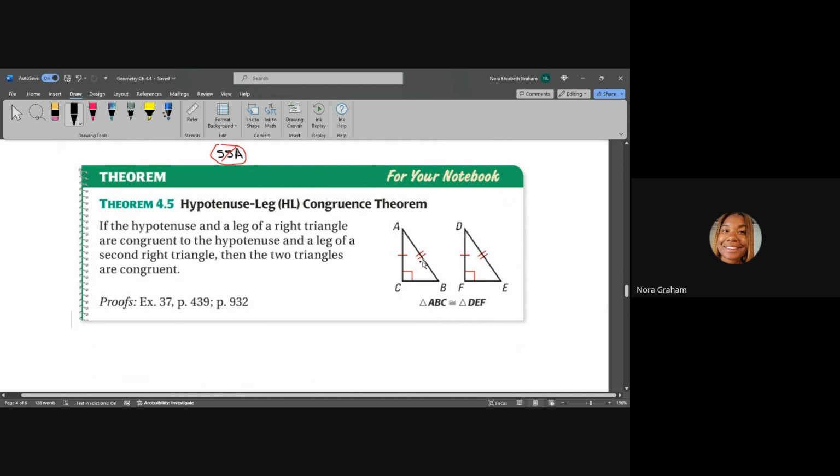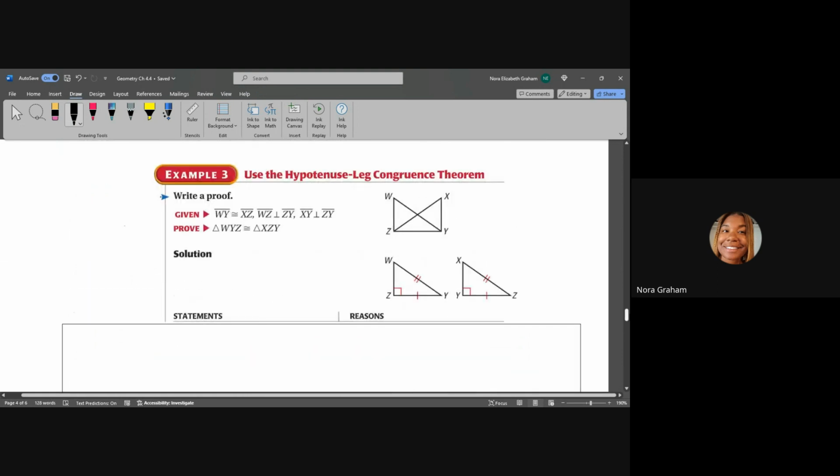So with this one, we just want to see if my hypotenuse matches the other triangle's hypotenuse, and if one of its legs matches the other triangle's leg, then safely I can say that those two triangles are congruent, right? But this can only be used when they are right triangles, right? So let's do an example and see what this looks like.